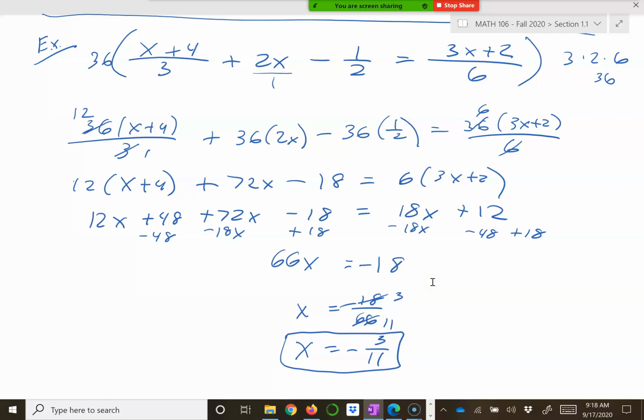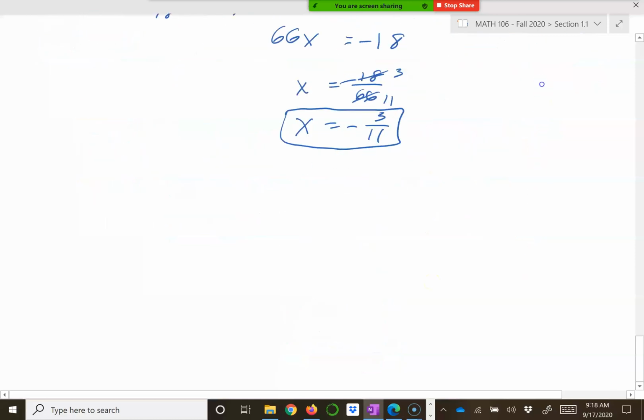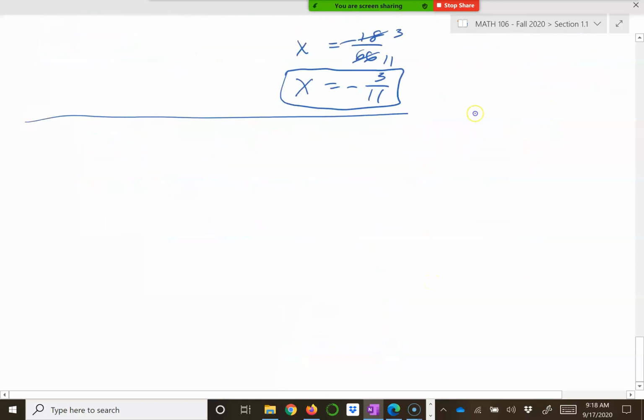All right, there's one more type of linear equation in this section, but it could involve other variables that are just unknown at this point. So let's say you get something like this.